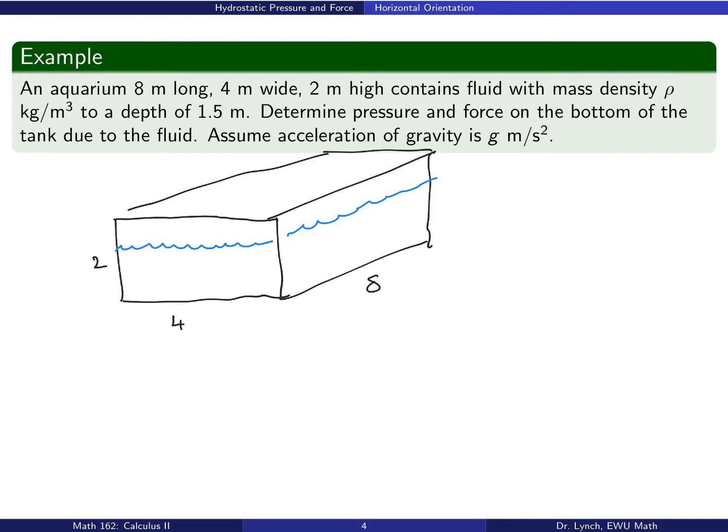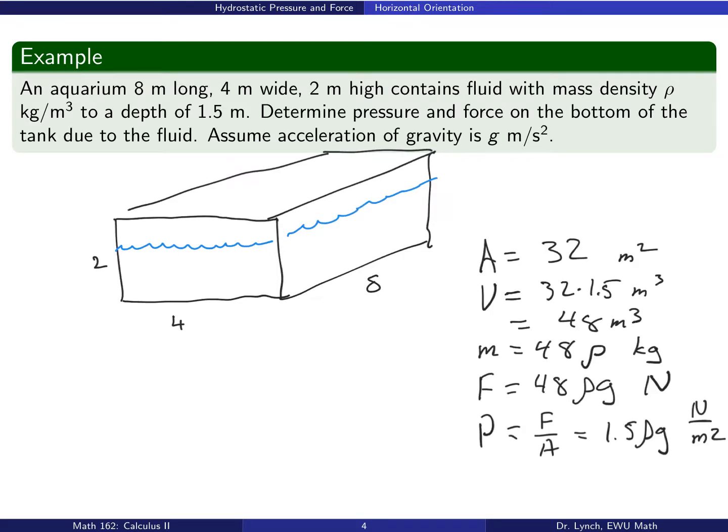So again, we'll start here by thinking about the area of the bottom of the tank, compute the mass of the fluid above it, the force due to the acceleration of gravity, and then the pressure, which is the force per unit area. So again, the area of the base of the tank is 32 square meters.